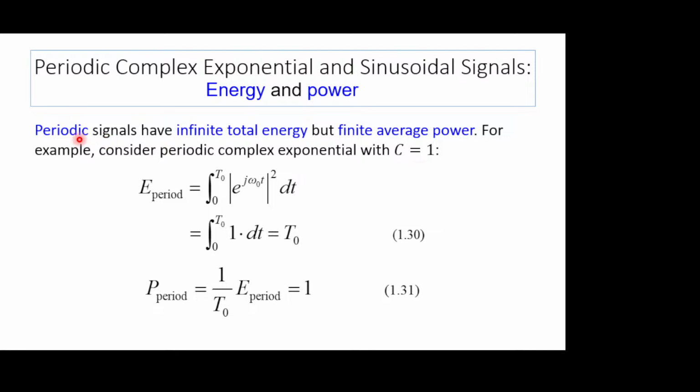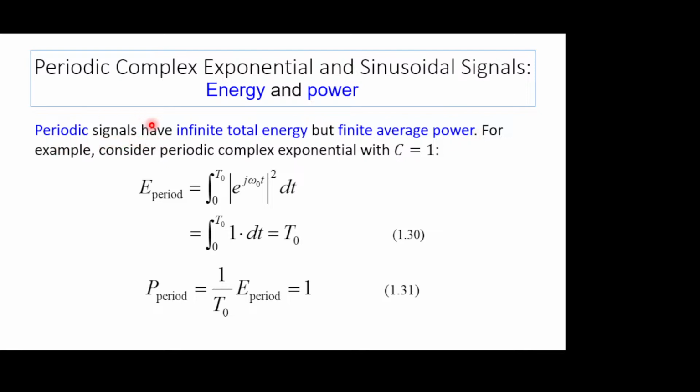So for any periodic signal, because it's periodic, it will have a finite average power. I guess that's not technically quite true, but if our signal is not weird, that's true. The average power over a period will be a constant, and if it's finite, then it will be finite.